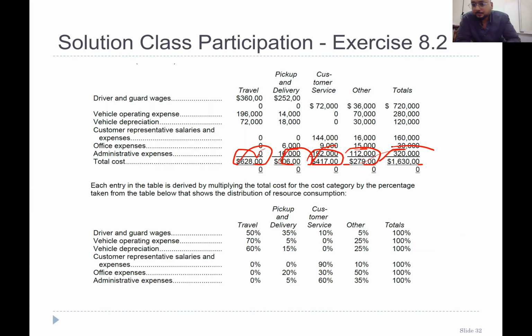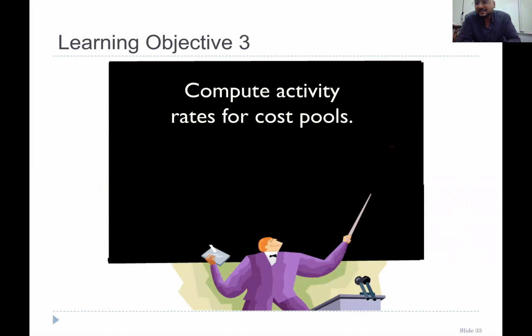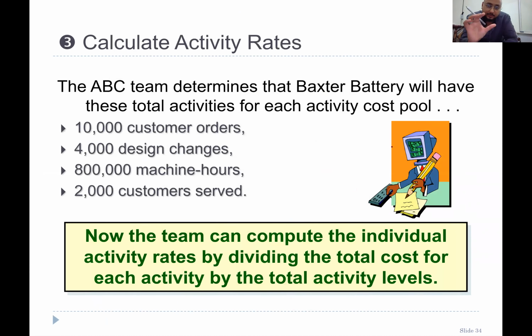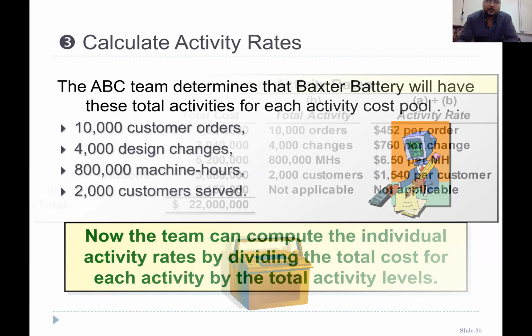So let's go towards the second stage allocation, which is you need to find out the rate, the cost pool activity rate. Now every activity has been given a driver. So here we go.